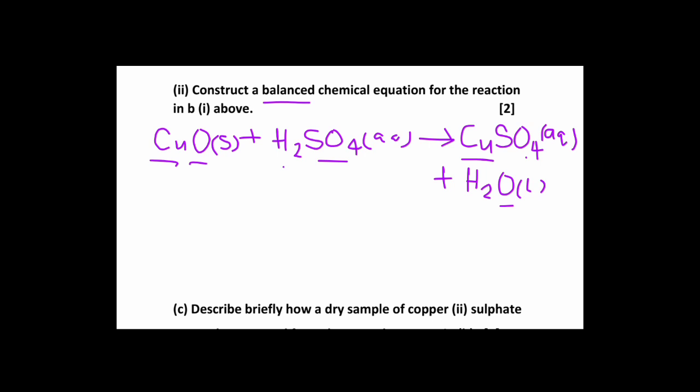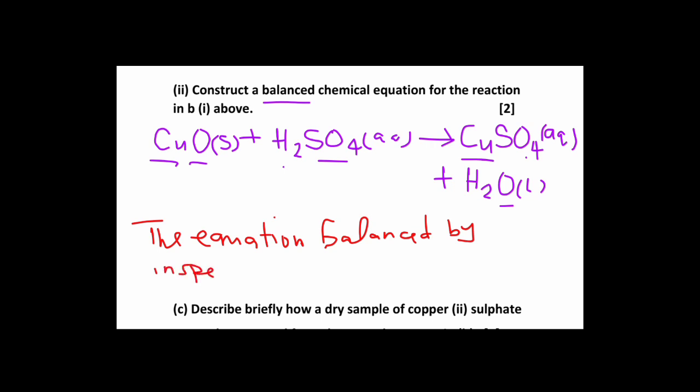The statement of proof which is going to guide them that you checked will be: equation balanced by inspection. Telling the examiner that you inspected the equation and it was already balanced. Very important, my dear learners.